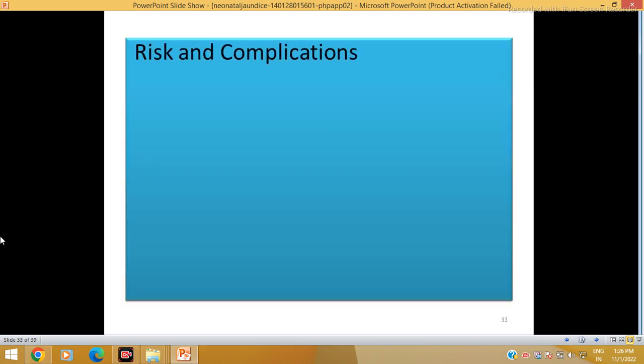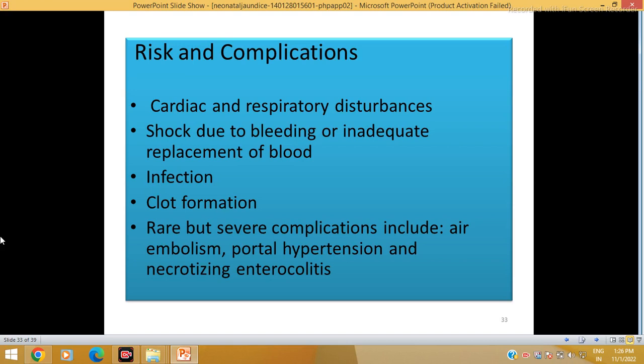The next is risks and complications: cardiac and respiratory disturbances may occur. Then shock due to bleeding and inadequate replacement of the blood. It may lead to hypervolemia or hypovolemia that may complicate the situation. The next is infection, since we are dealing with central lines directly from the blood, so the chances of infection are there. Children do not have a mature immune system, so they are always more prone to infections.